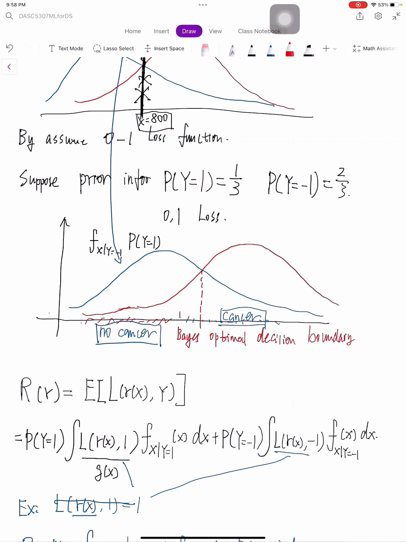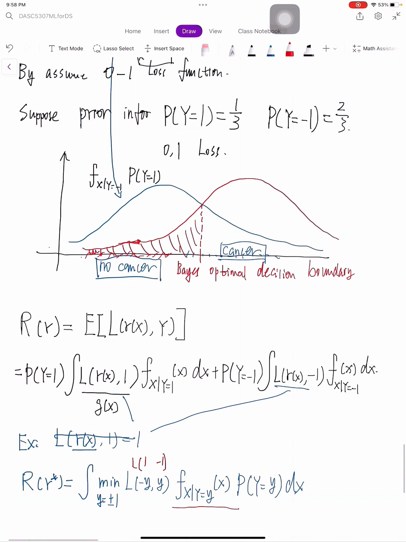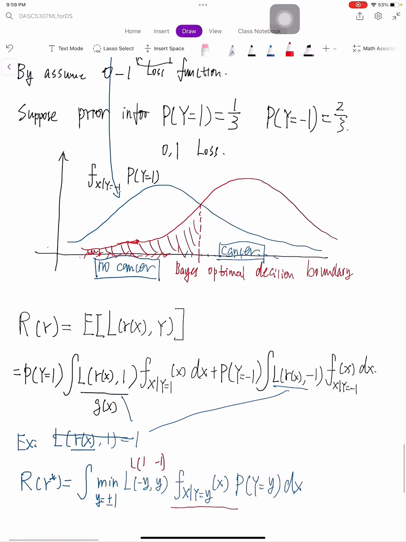And below this decision boundary, we predict no cancer, right? No cancer means, the density where the true value is no cancer, but we predict the cancer case.